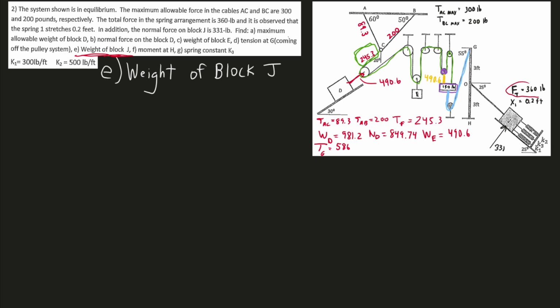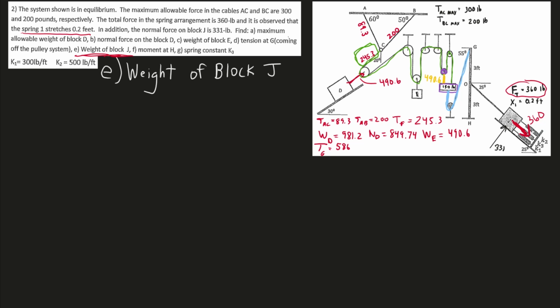Well, we know the total force from this parallel spring system. What that means is that all in all, it feels like one big force is tugging the block downwards, and that force is 360. How do I know that this force is tugging the block down the ramp? Well, it says that spring 1 stretches.